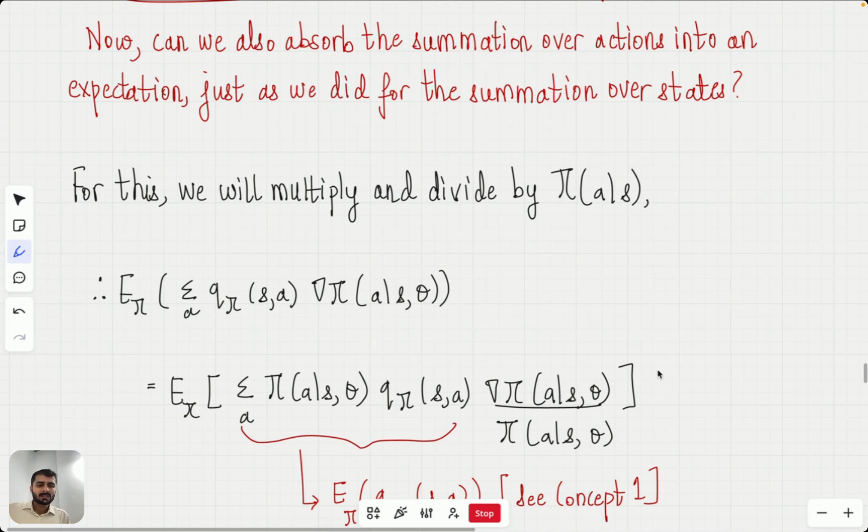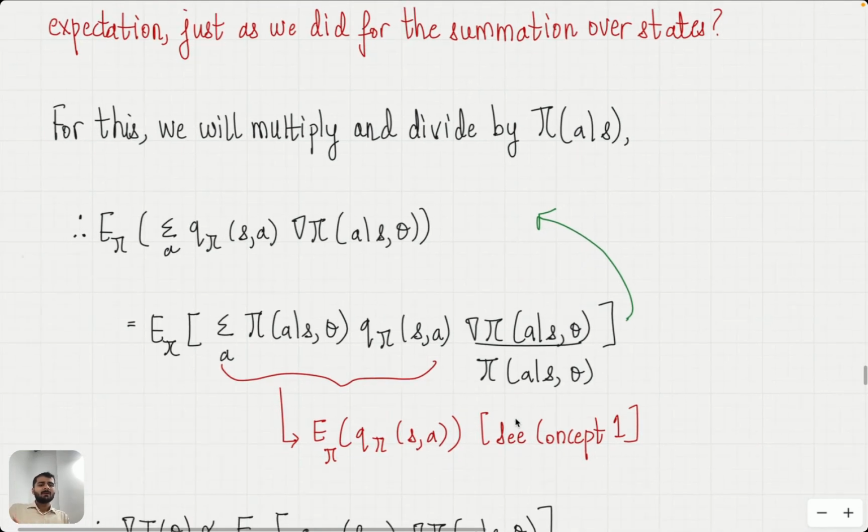So you can see that this expression is same as this expression. The only thing we have done is in the numerator we have pi of a given s comma theta, and in the denominator we have pi of a given s comma theta. Okay, so now why do we do this? Why do we multiply and divide by pi of a given s comma theta? The reason will become clear in a while.